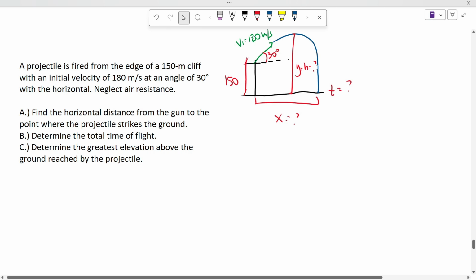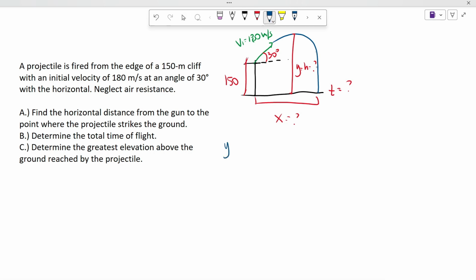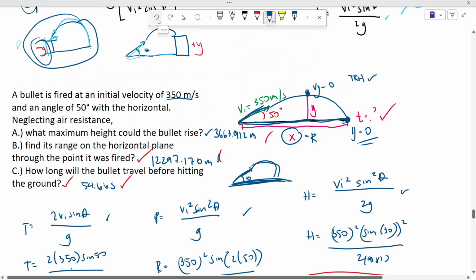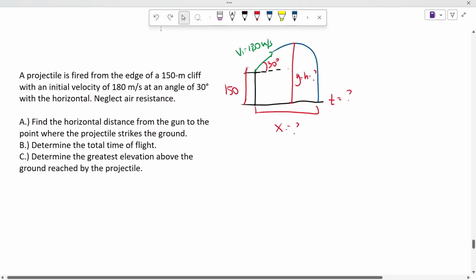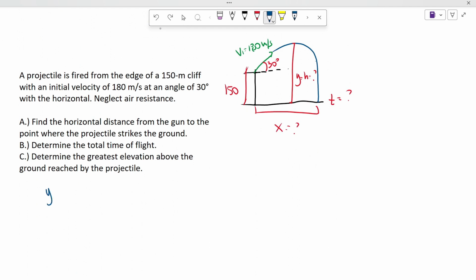So, the formula we can use here is the y. Let's move over here so there's more space. y is equals to Viy t minus 1 half g t squared. Since the point of release is below, this will be negative 150.